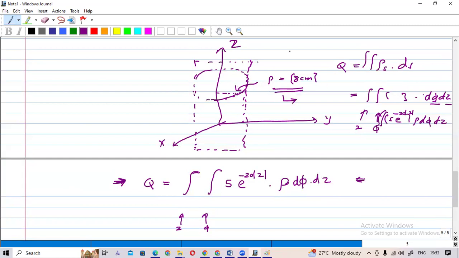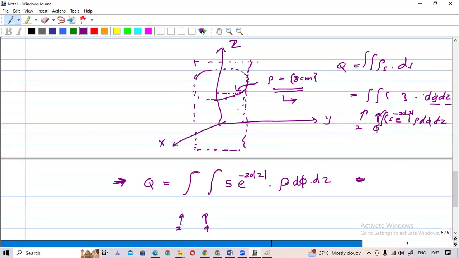That is very easy. What is the phi limit? Just tell me your answer, what you think.